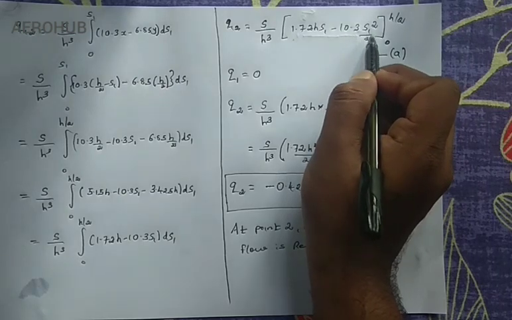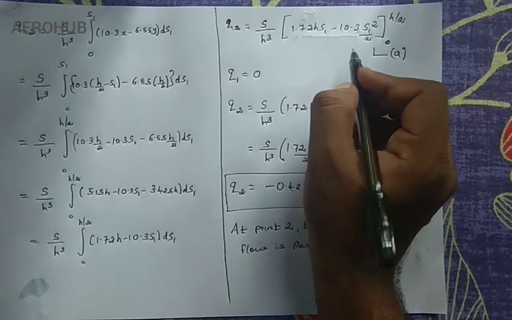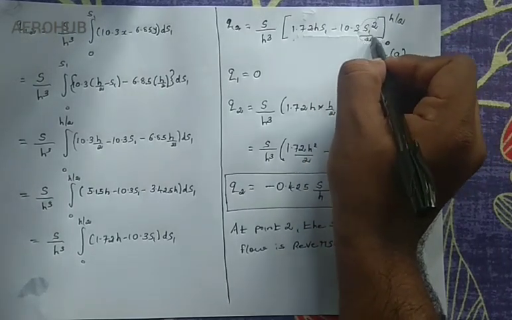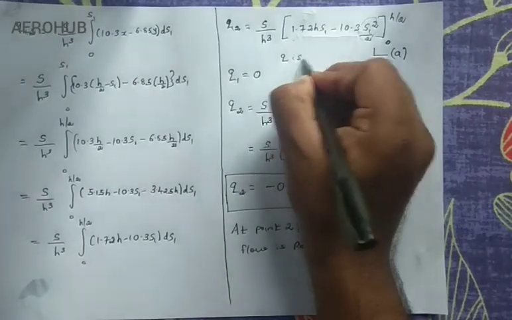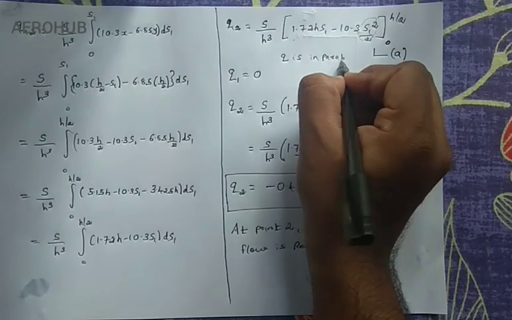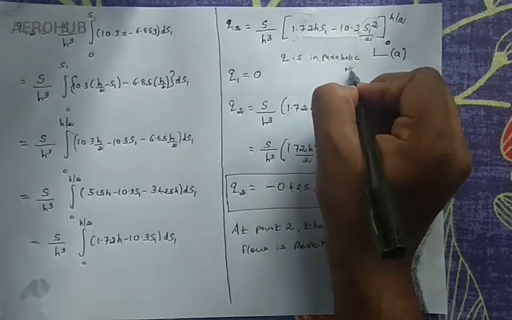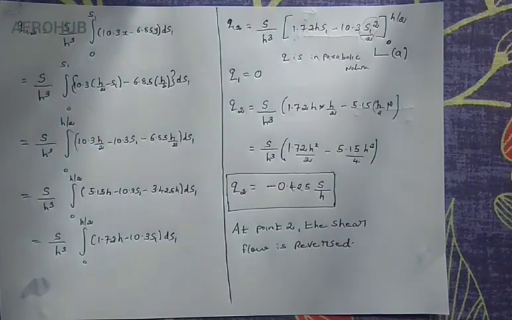Okay. This is the term we can use to find out the point where the shear flow value becomes 0. And one more thing, we have an S square term here. So shear flow q is in parabolic nature. Okay. We have an S square term. So q is in parabolic nature.